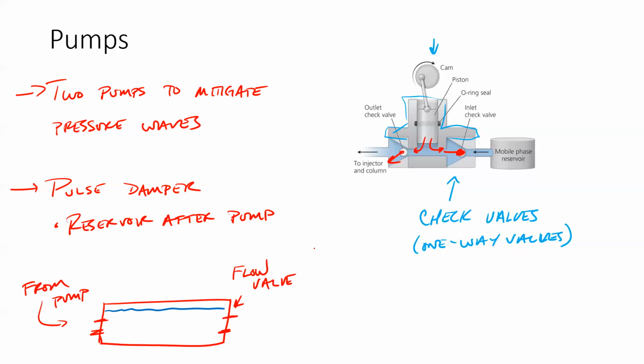And so what this does is, no matter the pressure that's coming in from the pump, so I'll say that this is a higher pressure from the pump, this flow valve has a set pressure that's going to be lower than the pump pressure.